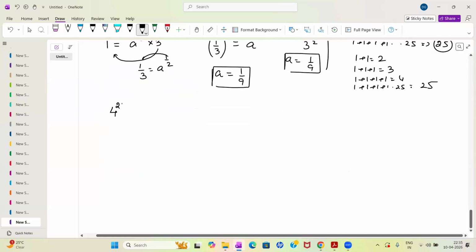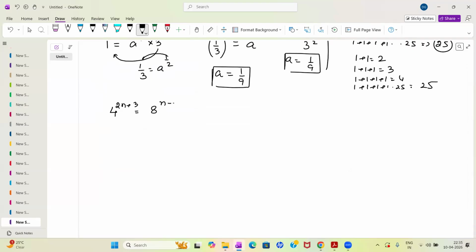4 to the power 2n plus 3 is equal to 8 to the power n plus 5. What is the value of n? On the left hand side of the equals sign the base is 4 and on the right side the base is 8.